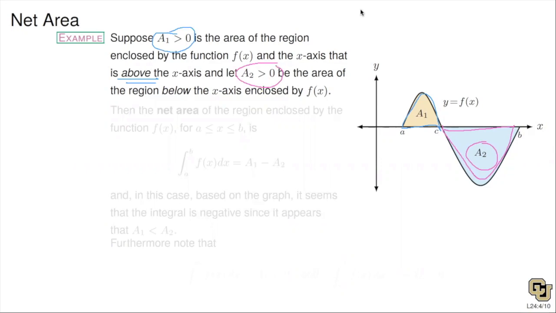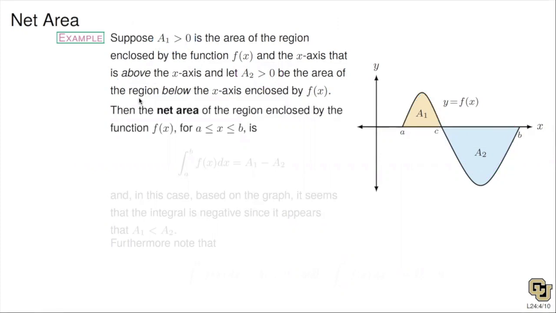So then if you did an integral from a to b, that would represent the net area, which in this case would look like A1 minus A2. The area of the region above the x-axis and below the function, minus the area of the region below the x-axis and above the function.